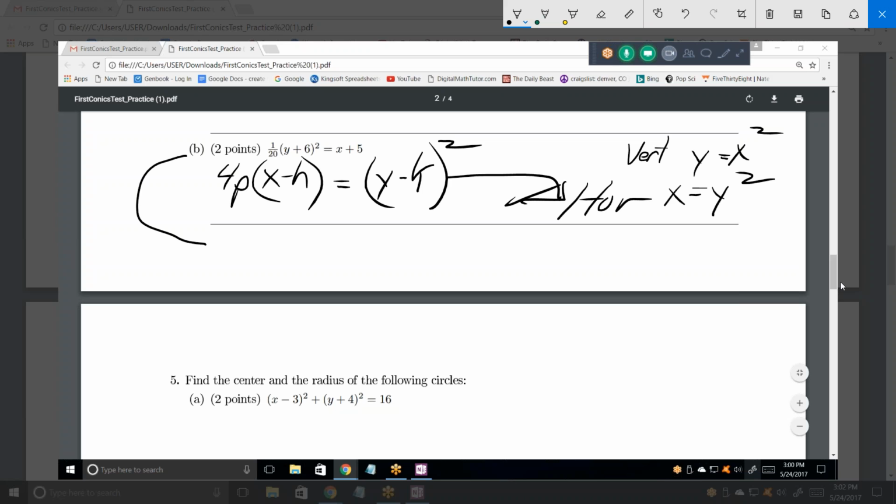You have to, let's see. You have to multiply both sides by 20. Okay, here's what's going to happen. If I multiply the right side by 20, I get this. I'm going to write it on the left because that's where our general format is. And the right side is just y plus 6 squared.